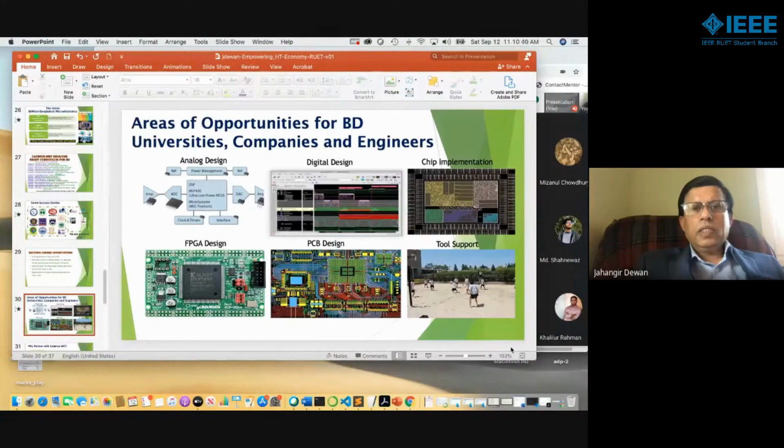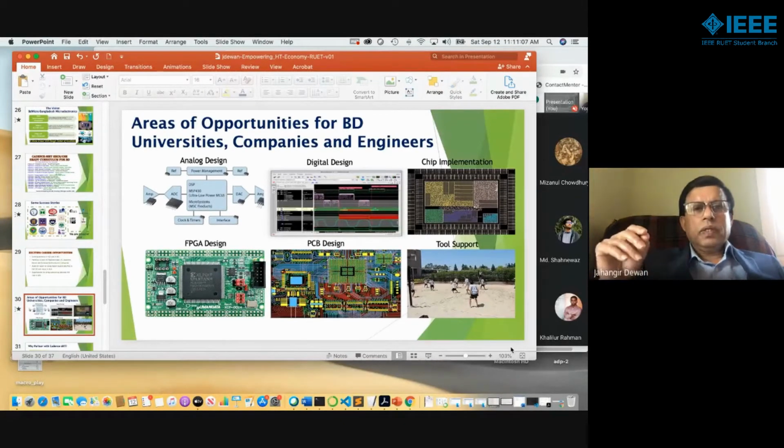So, areas of opportunities. There are 6 different areas in general where students or graduates can work after graduating from the university. Analog design is one of the areas, like circuit design. You already learned those things in 2nd year, 3rd year, 4th year electronics courses, and you'll be learning using the Cadence tools now.